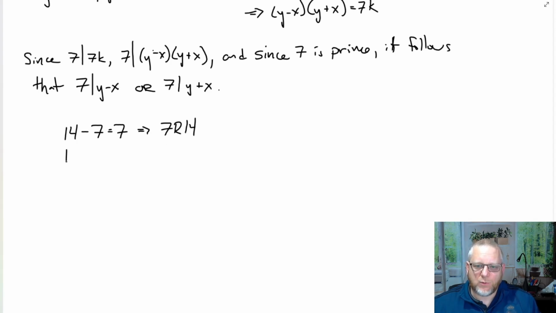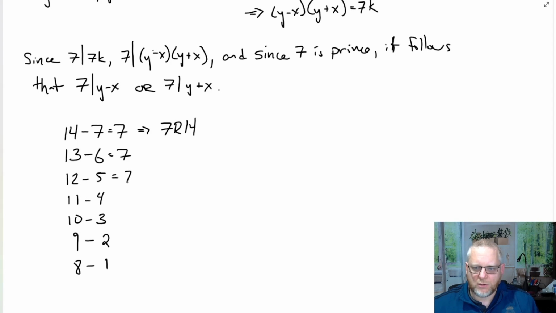And if I do this now with 13, what can I subtract from 13 to get a multiple of 7? Well, that'd be 6. What about 12? That'd be 5. What about, keep going down, 11, 10, 9, 8. 11 minus 4, 10 minus 3, 9 minus 2, 8 minus 1.